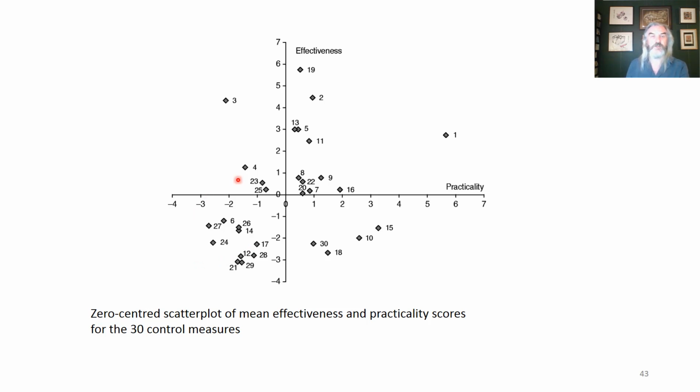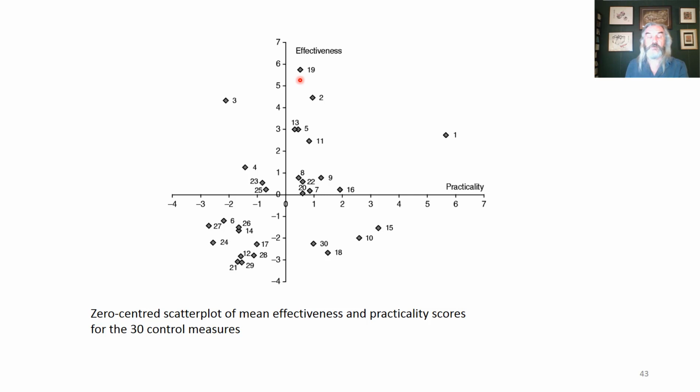And then there are some interesting issues as to how to make trade-offs in this space. Here they've got an intervention which they believe to be highly practical but not that effective, and another which they think is very effective but doesn't score highly on practicality. I believe that 19 was freezing all foods in order to kill the disease before retail.